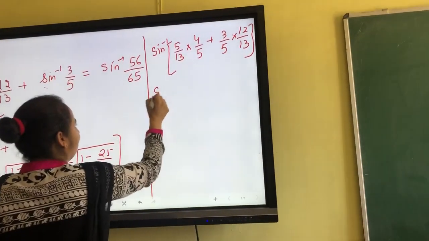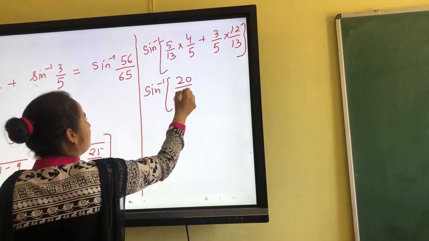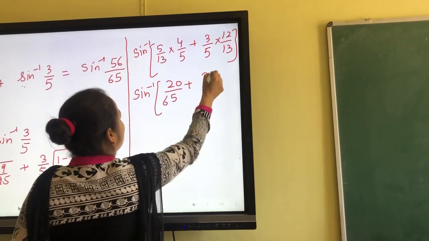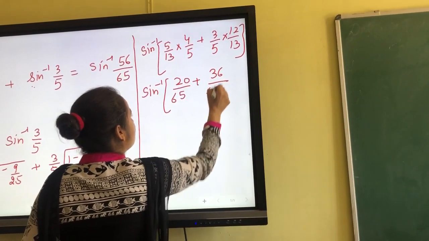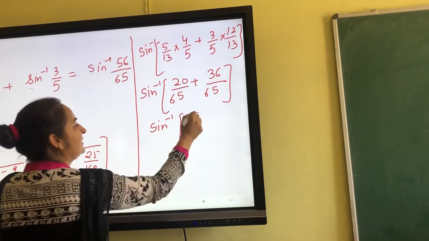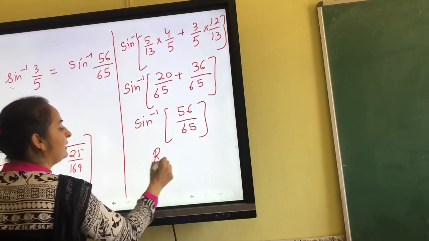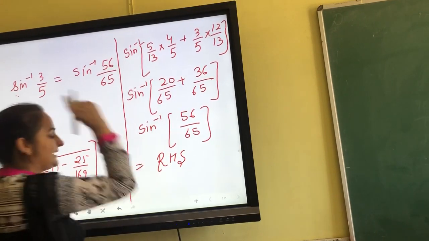Take the LCM. Sine inverse of 20 upon 65 plus 36 upon 65. The result is sine inverse 56 upon 65. This is equal to the right hand side.